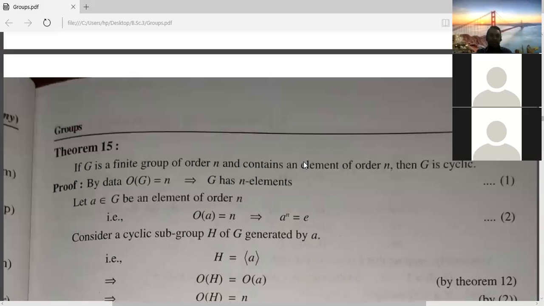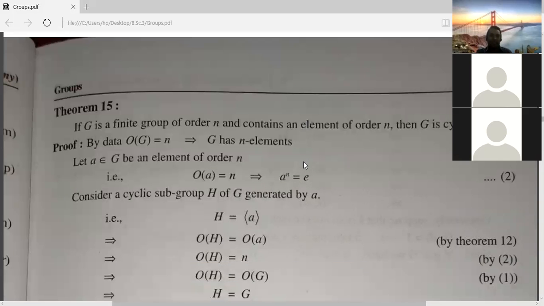Here order of G is equal to n you are taking, which implies G has n elements. That is, the number of elements of the group G is n. Then let a belonging to G be an element of order n. Order of a is equal to n, then you are writing a to the power n equal to e, by using the order of the element of a group.